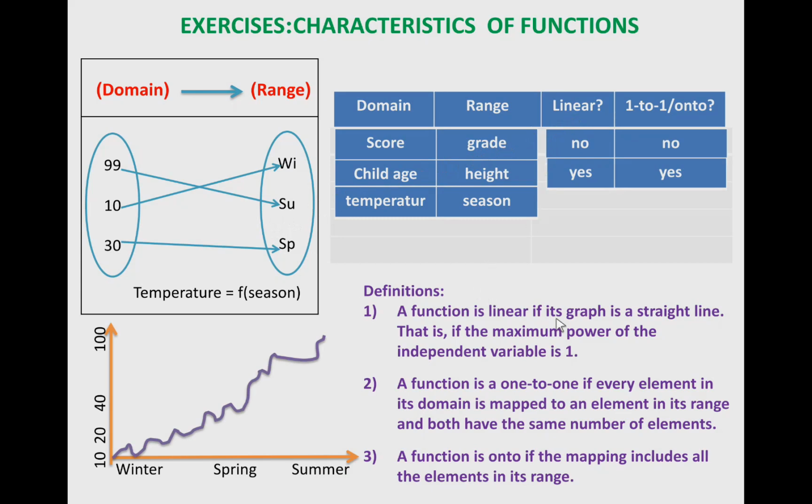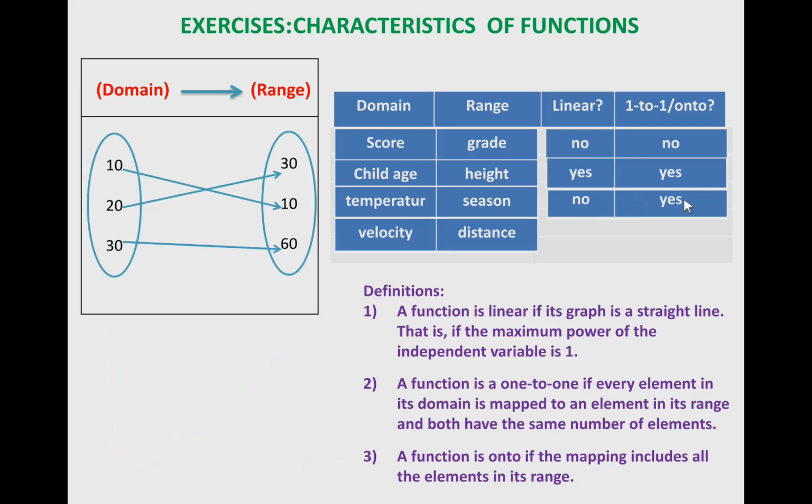A function is linear when it is a straight line. So this is not a straight line. The answer to linear is no. And this function is one-to-one and onto. So the answer to this is yes. So it is not linear, but it is one-to-one and onto.